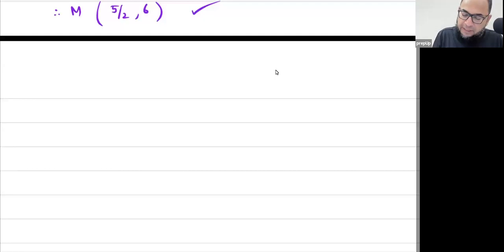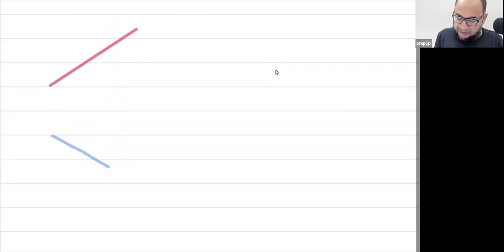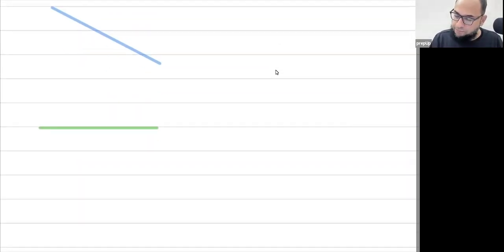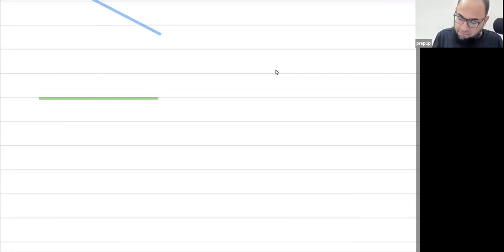Now, let me draw some lines. So, let me draw a red line like this. Let me draw a blue line like this. Let me draw a green line like this. Let me draw a purplish line like this.